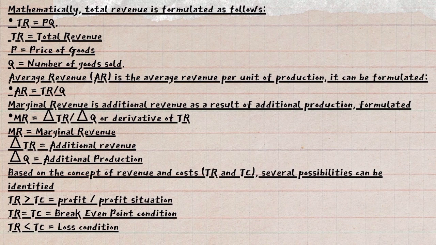Formulated MR is delta TR divided by delta K, or derivative of TR. MR is marginal revenue, TR additional revenue, K is additional production. Based on the concept of revenue and cost, or TR and TC, several possibilities can be identified. Profit situation, break-even point condition, and loss condition.